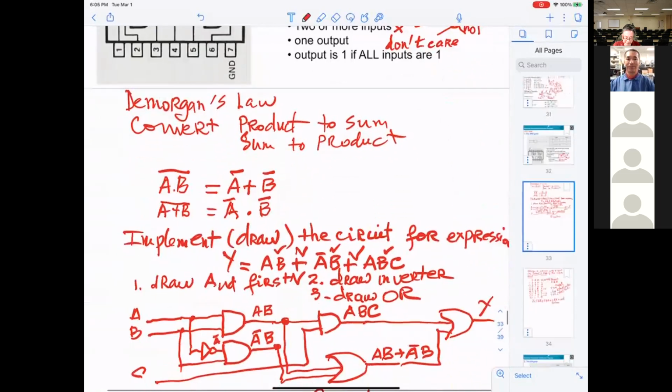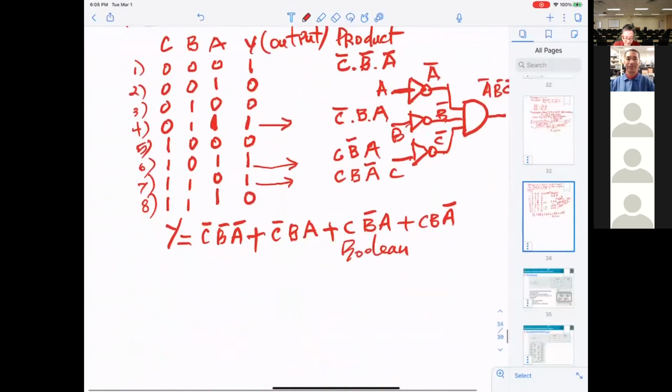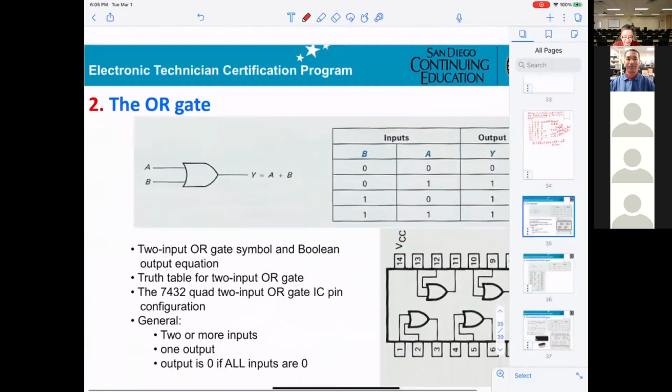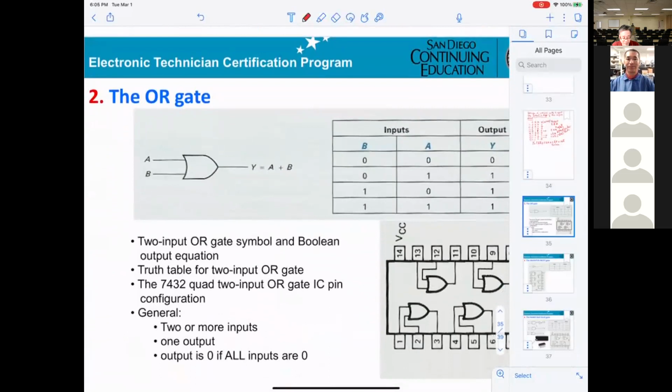That's the AND gate. The next gate will be the OR gate. The part number is 7432.